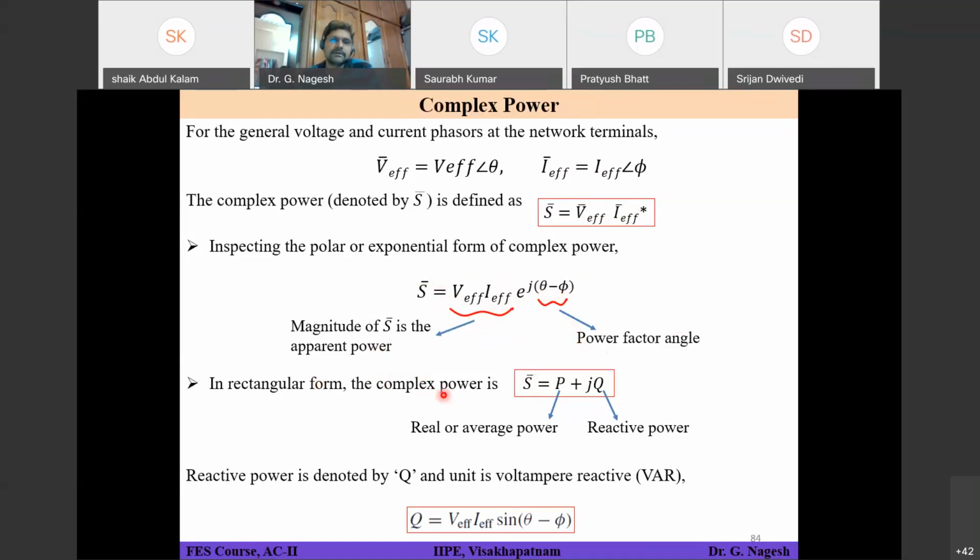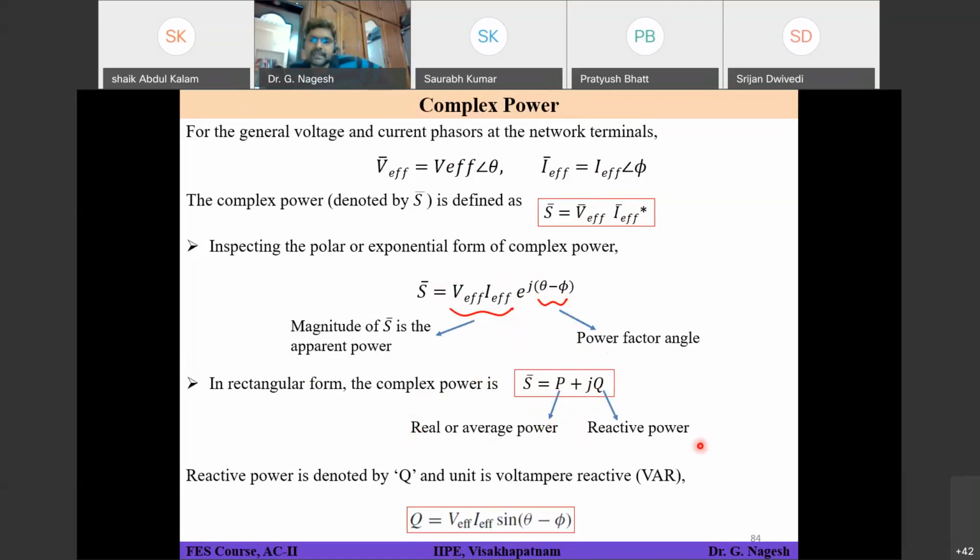The complex power will be S bar equals P plus jQ. So this one, which is given in exponential form, I am writing in rectangular form. I am calling it P plus jQ, where P is nothing but your real, average, true, or active power. All these terminologies mean the same. So P is your average power, and Q is called reactive power.